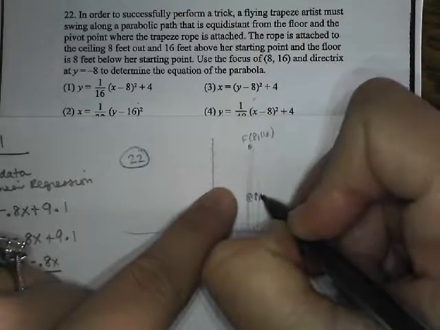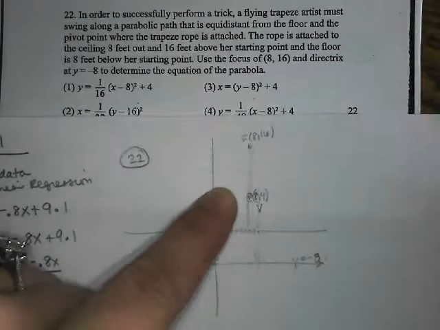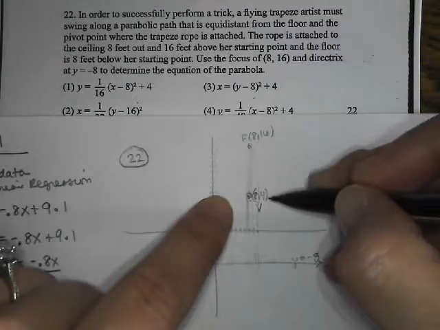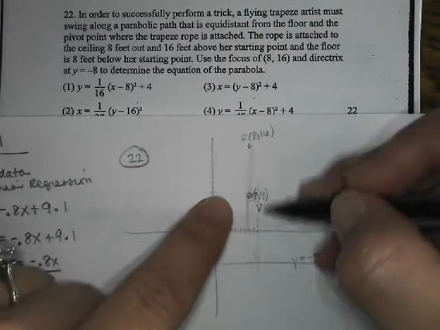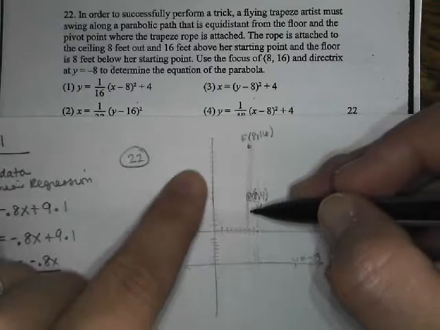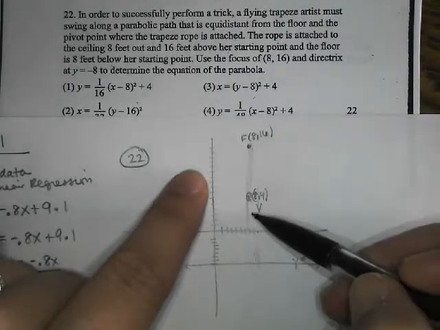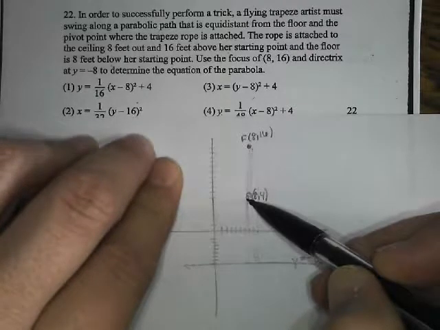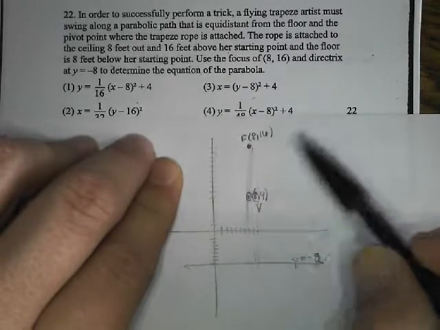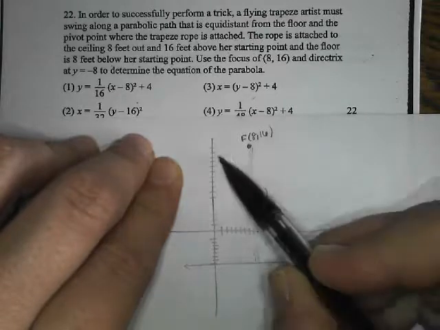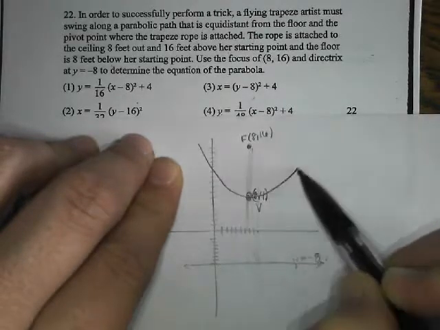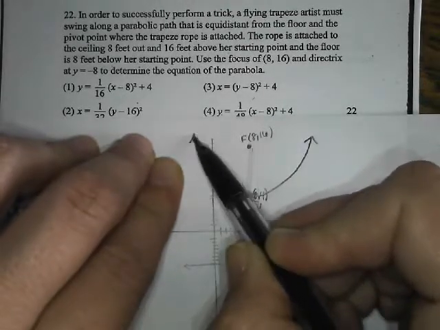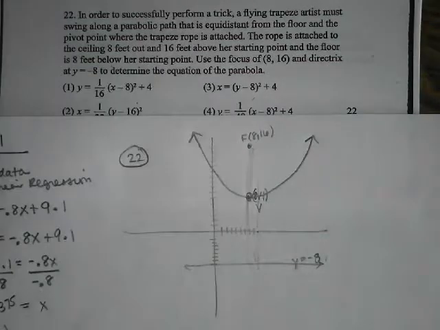Which we don't really need that point, but we do want to eyeball where it is. And does our parabola open up or open down based on the diagram? Up. It always bends away from the directrix. Okay? So, the game plan for a problem like this is always two distance formulas.